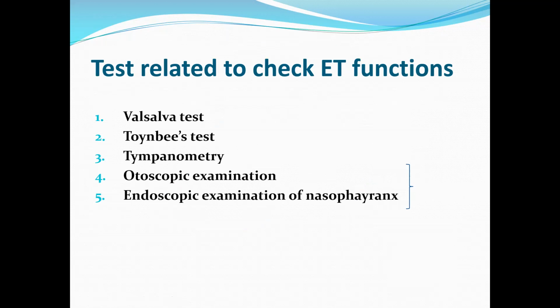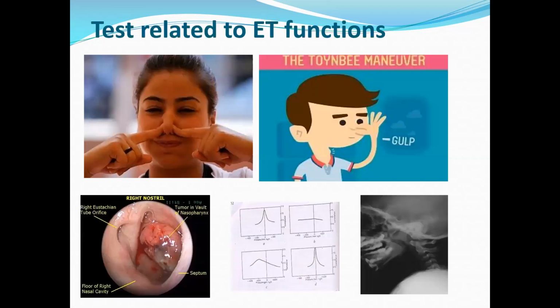Then an important latest technique is endoscopic examination of the nasopharynx. Through the endoscope, we can see the opening of the eustachian tube in the nasopharynx, and whatever disease is present in the nasopharynx, it can be some tumor, it can be adenoids, it can be simple inflammation due to allergy and infection. So these pictures explain these tests.